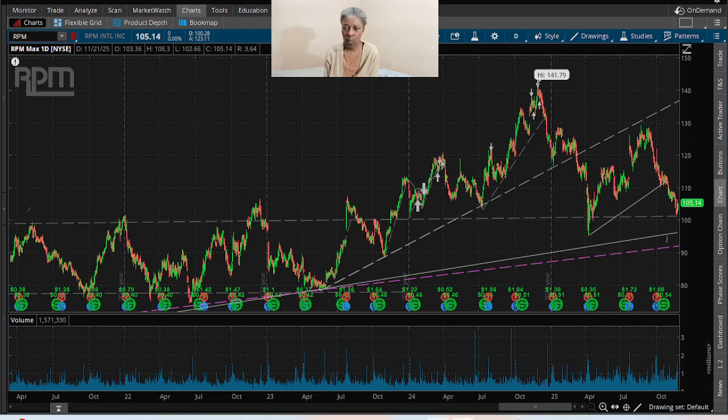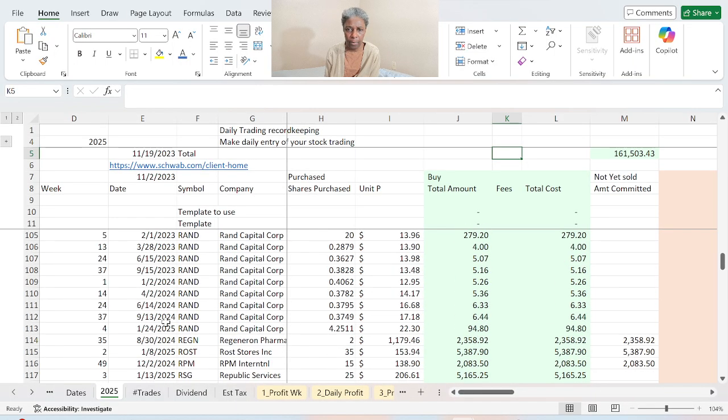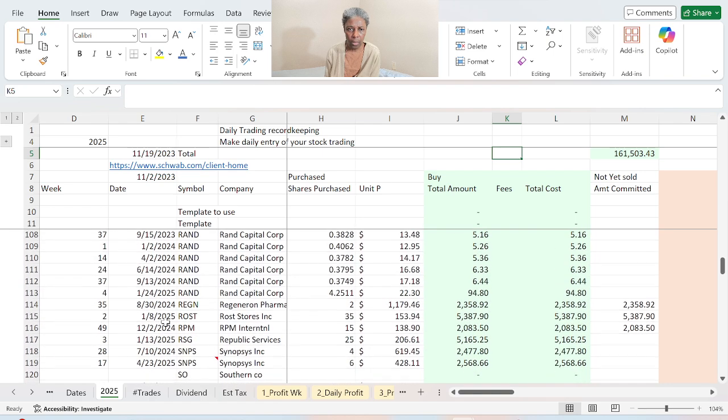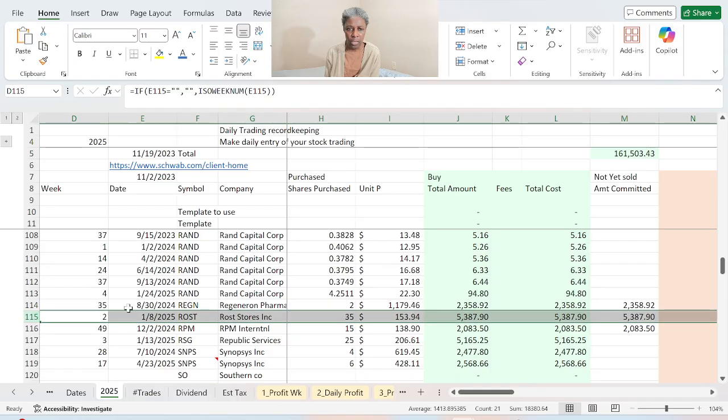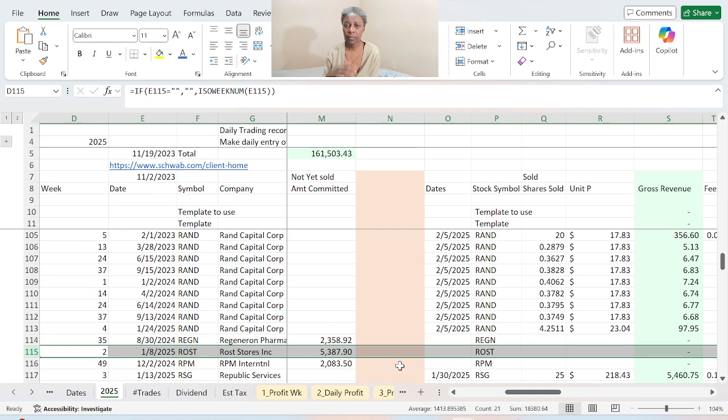Let's take a look at both on our spreadsheet, RPM and ROST. Okay, we purchased ROST in January for 153, and we have not sold it yet. So it has been negative in the account. We didn't sell it. Now it's at an all-time high.